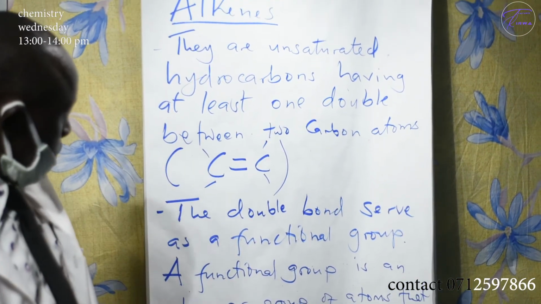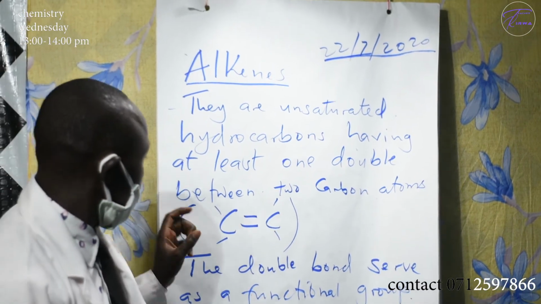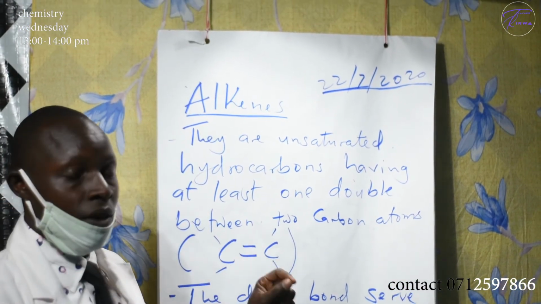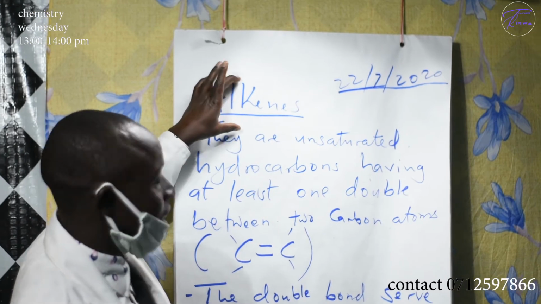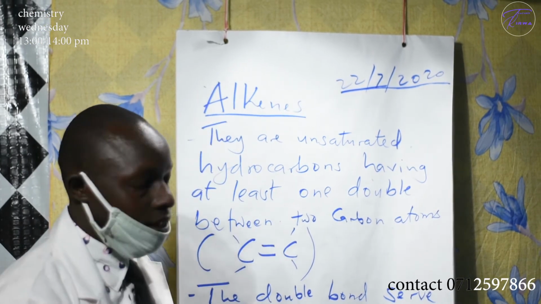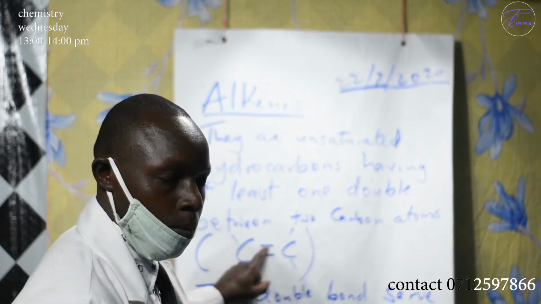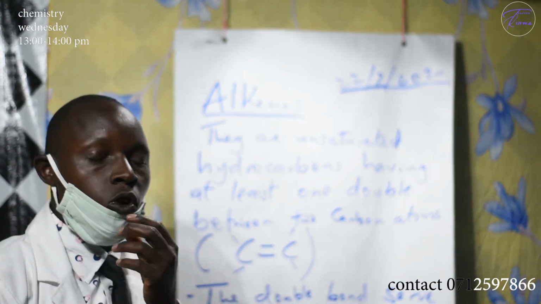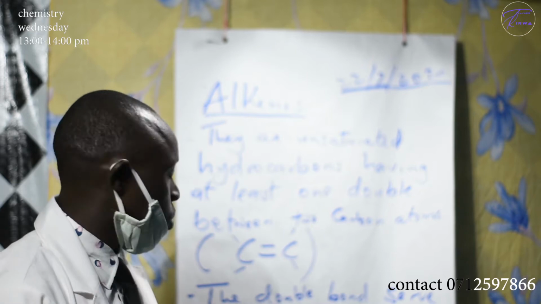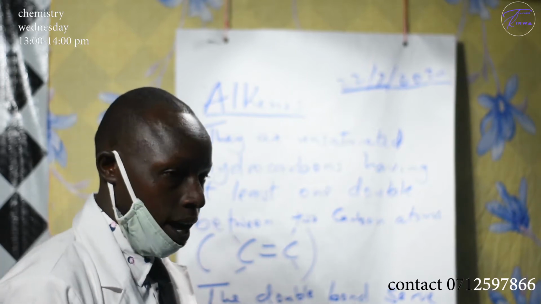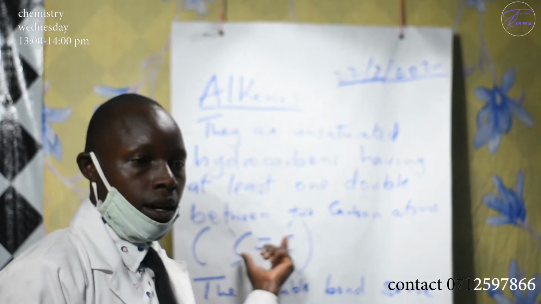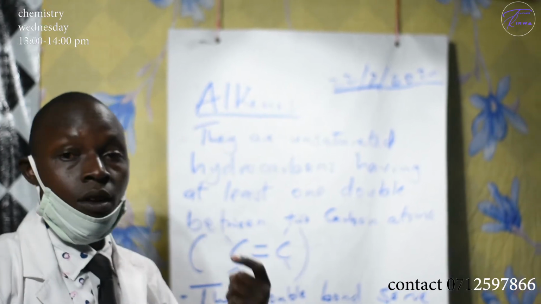Now, when we say the double bond is the functional group in alkenes, that translates to it being along this double bond where chemical reactions occur. For any chemical reaction to occur, it occurs across the double bond. That is the functional group.